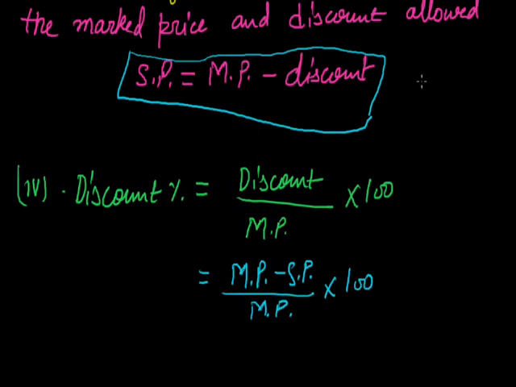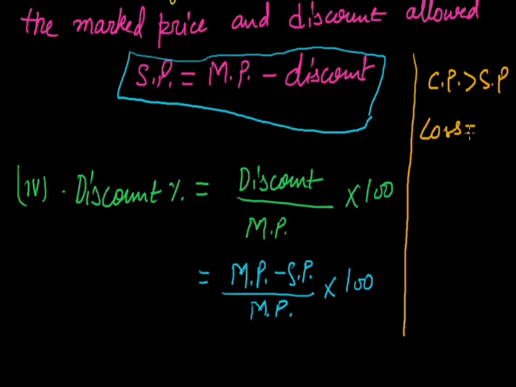See, we know that whenever the cost price is greater than the selling price, we have a loss, and that is equal to the cost price minus the selling price.